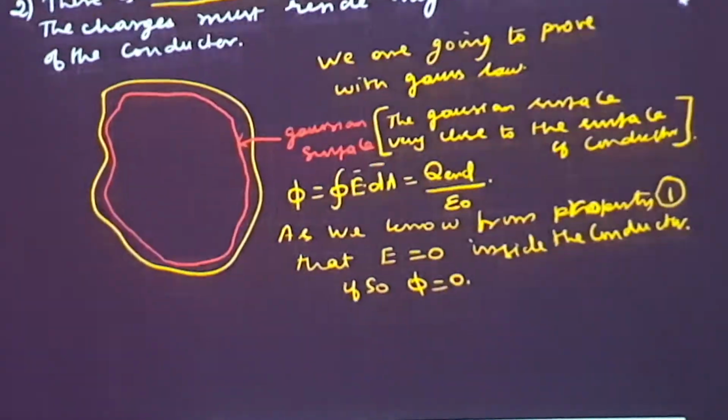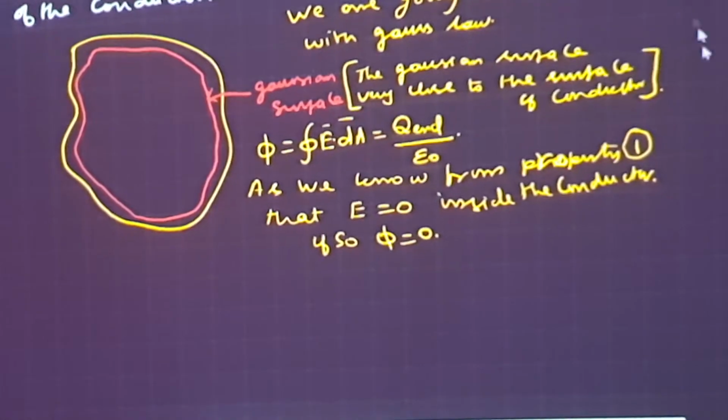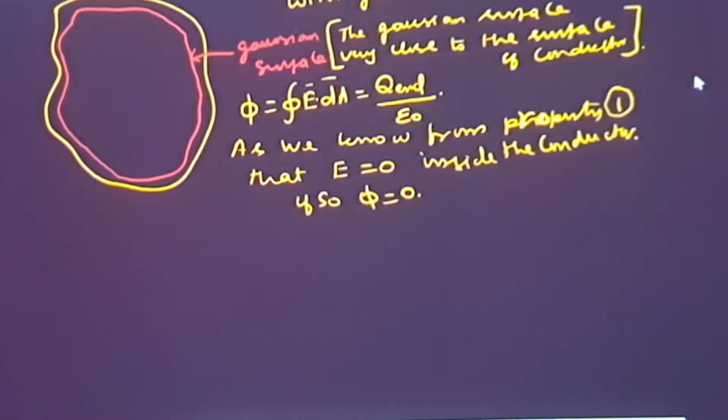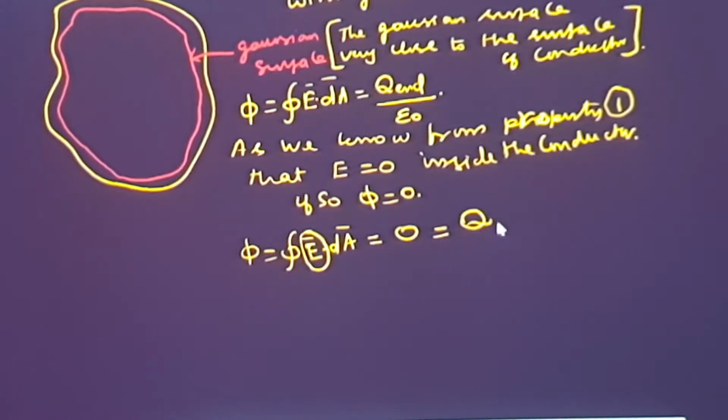When you apply it in this equation, phi is equal to closed integral of E vector dot dA vector, and here this E vector inside the Gaussian surface is 0 because it is inside the conductor. So the flux is equal to 0, which is equal to Q enclosed divided by epsilon 0.